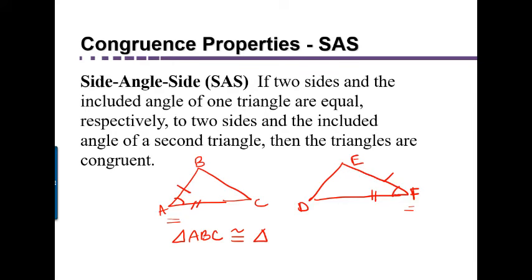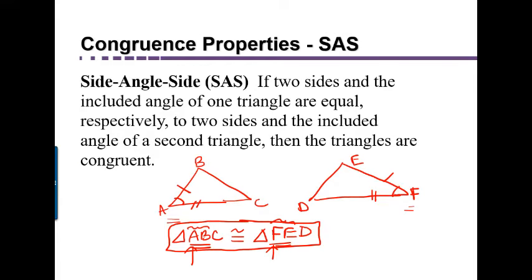Well, A matches up with F, so we're definitely going to start with F. Now from A to B, we have congruence to F to E. So we would have to do F to E next. And then the only other option is D. So you see how we have to keep it in the correct order, where not only do the angles that we know are equal match up, but also the segments that we know are equal match up as well.